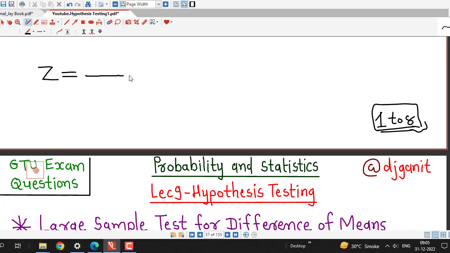If we recall, we know that if we have one sample, then one sample Z test is Z equal to x bar minus mu divided by sigma over square root of n.